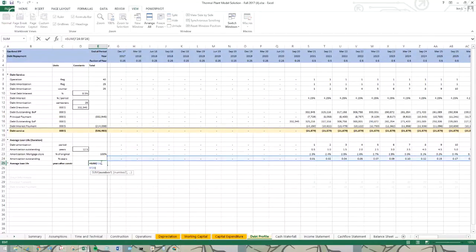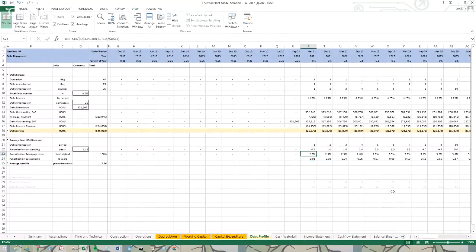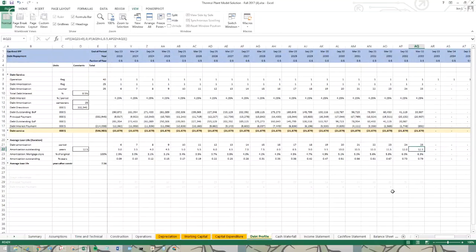So really all you're doing is you're almost discounting your amortization payments by the amount of years outstanding. So you're just figuring out how much principal.